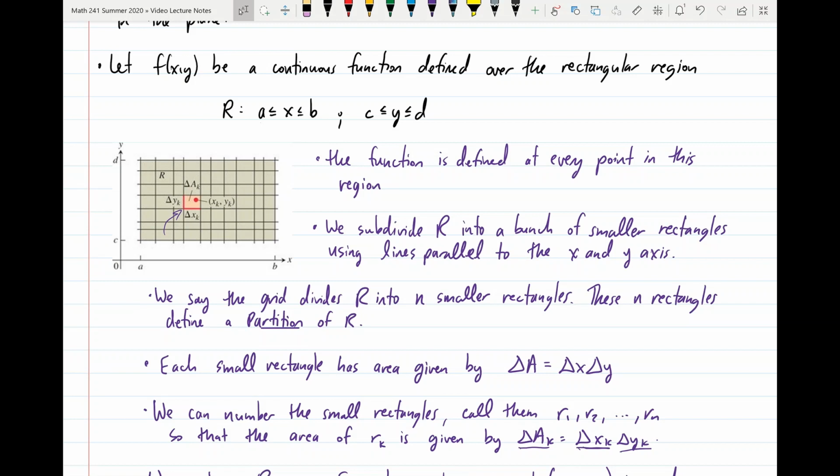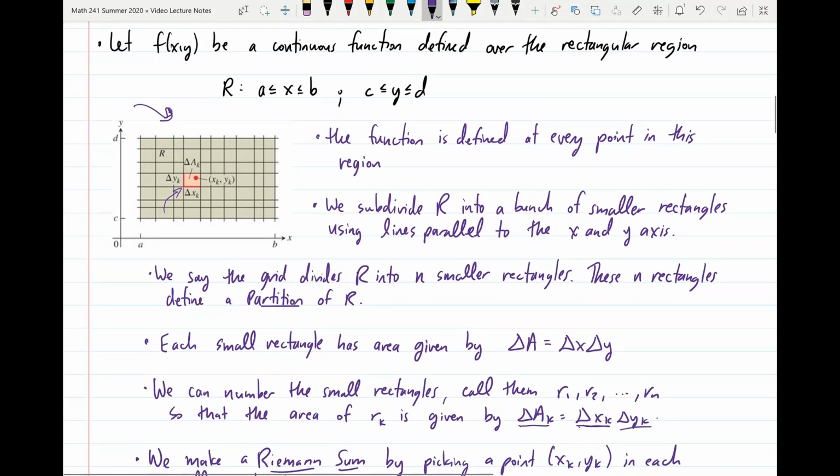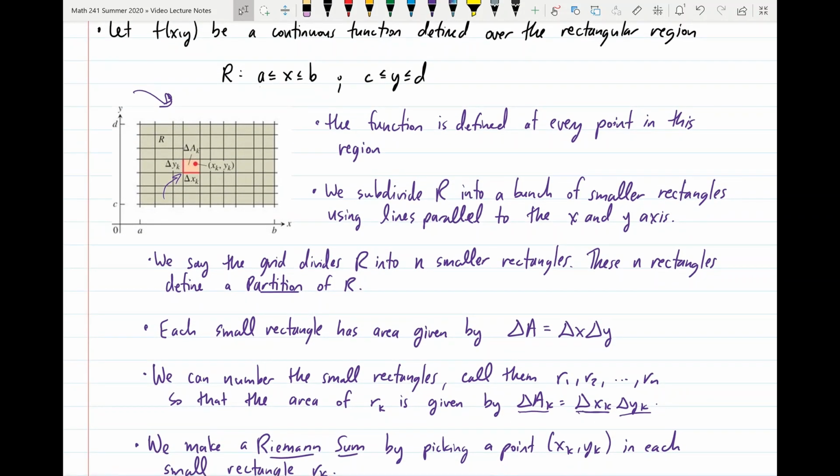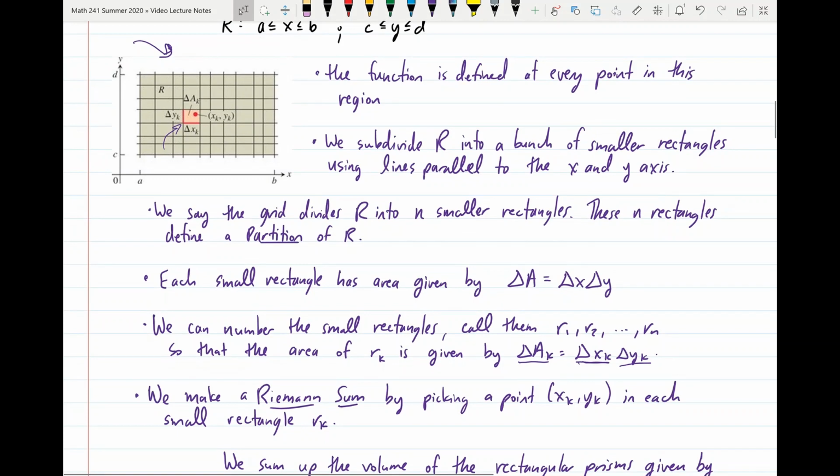So again, the function is going to be defined at every point inside of this region, and this region is given over here, so you can refer to this picture multiple times as I'm going through a bunch of these points here. And we can subdivide the region R into a bunch of smaller rectangles using lines that are parallel to the x and y axis. Again, you can see the grid that we formed that splits up the region R in the picture.